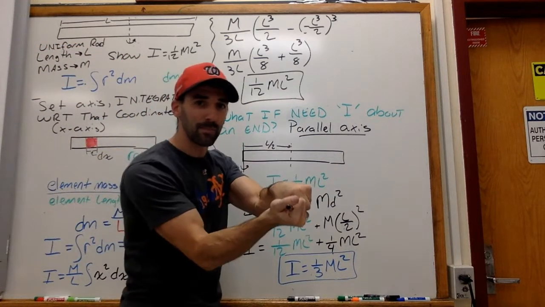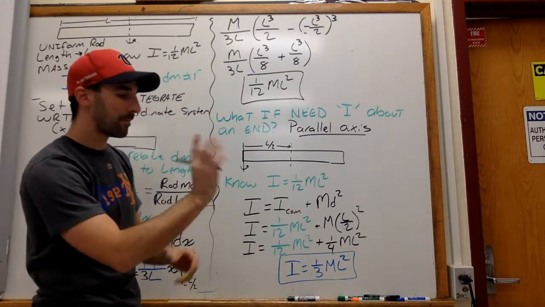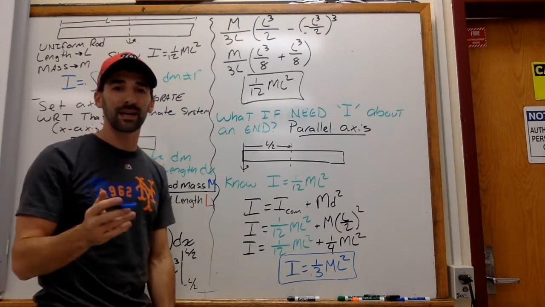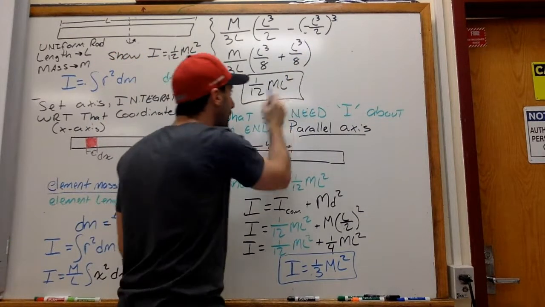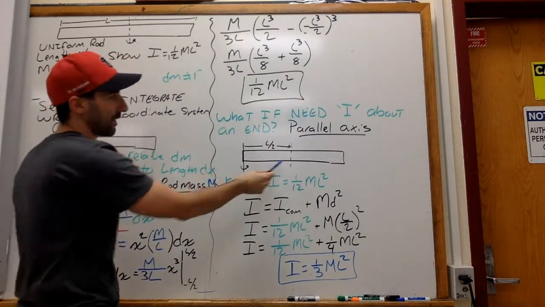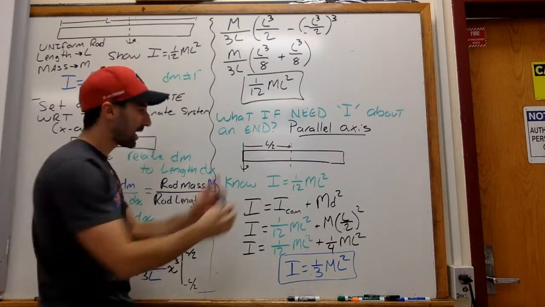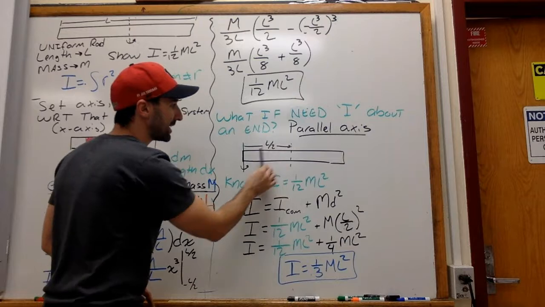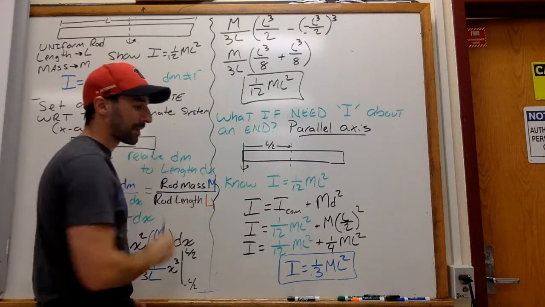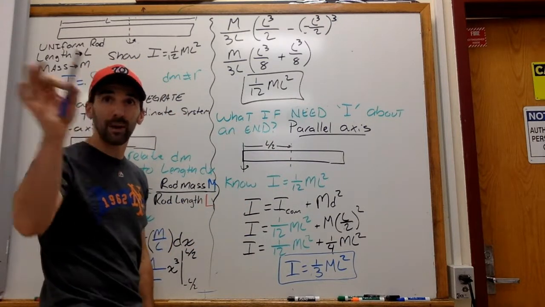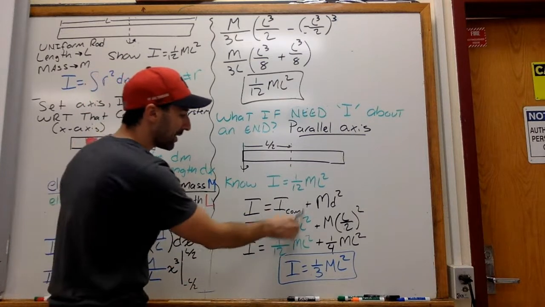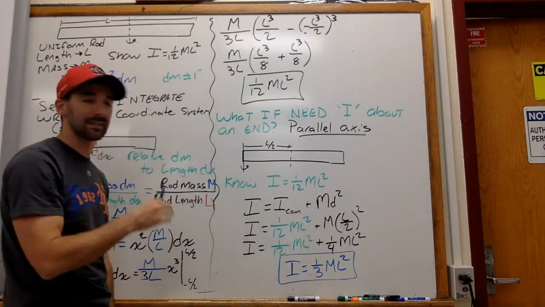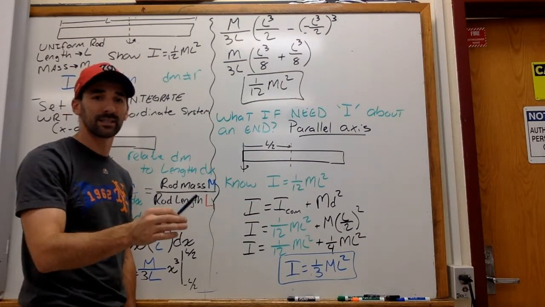Well, going back to that baseball bat, what if I needed to know the moment of inertia I about the end? Well, I would use now the parallel axis theorem. I know that the moment of inertia about the center is 1/12 ml squared. I know that my axes of rotation are parallel, and I know that it's separated by a distance L over 2. I'm going to plug into my parallel axis theorem: I about the center of mass, plus the total mass times d squared, how far away it is on a perpendicular distance.